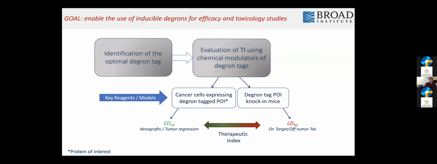This system could be used for toxicity studies. At this point, we could potentially infer the therapeutic index based on the differential between the therapeutic dose and the dose limiting toxicity. And while theoretically this whole idea sounds great and on paper easy, our experience at Broad hasn't been quite like that.